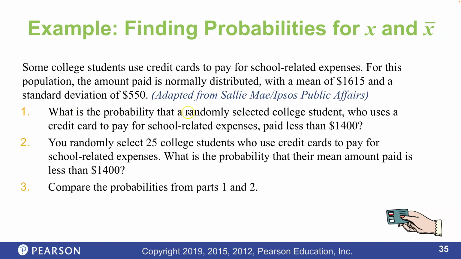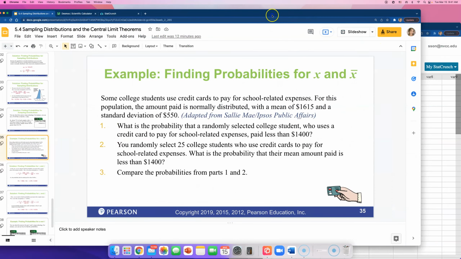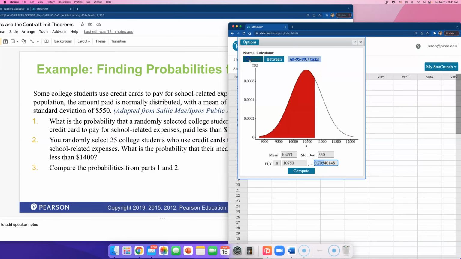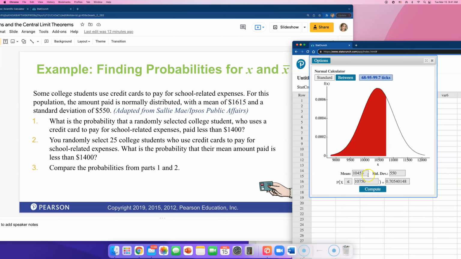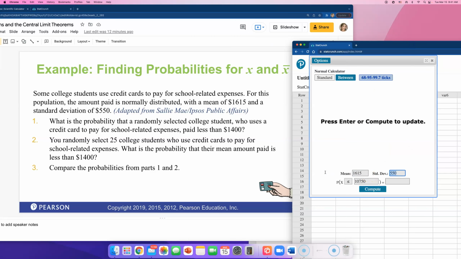What is the probability that a randomly selected college student who uses a credit card to pay for school-related expenses pays less than $1,400? I'll just do this right now using my normal calculator. What did they say the mean was? The mean was 1615 and the standard deviation is 550.